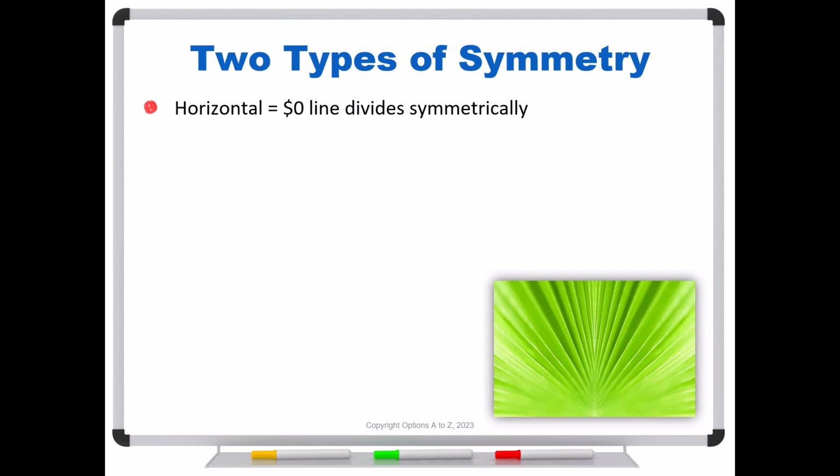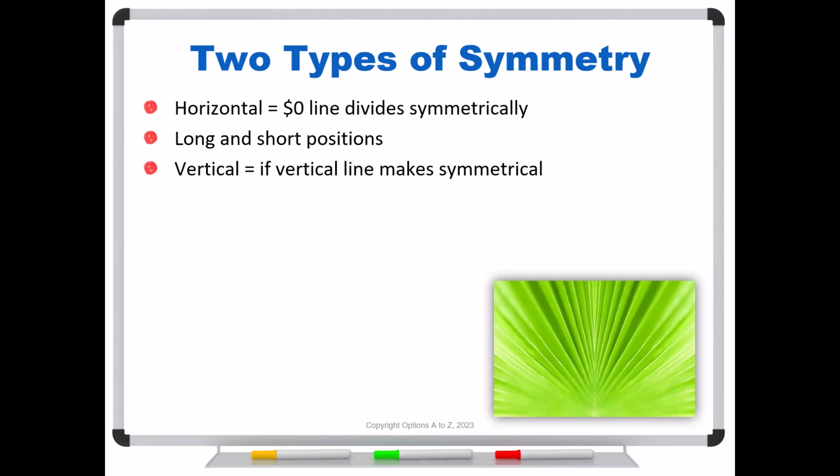And that is going to be indicative of long and short positions. However, we can also have vertical symmetry. If you can draw a vertical line from the top of the graph down through the bottom, and the left half looks like the right half, or in other words, we're putting a mirror right between them vertically, then that's going to be the difference between calls and puts.